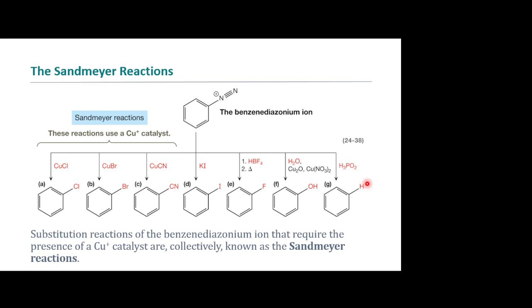So phosphoric acid is usually your best bet. So the substitutions, again, are going to require the presence of copper catalysts. These ones right here, these are actually known as the Sandmeyer reactions. The rest of these are just different reactions you can do once you have the benzene diazonium ion.